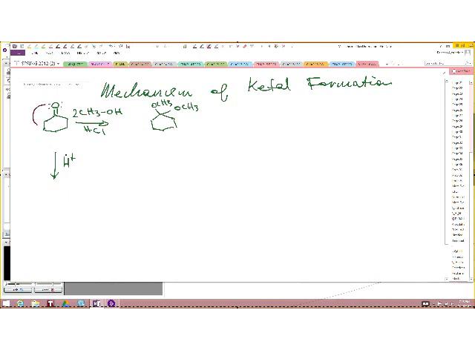This non-bonding electron attacks the proton from HCl.